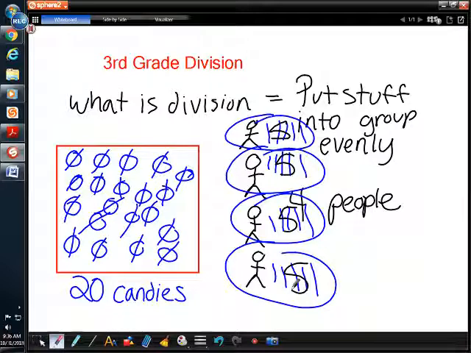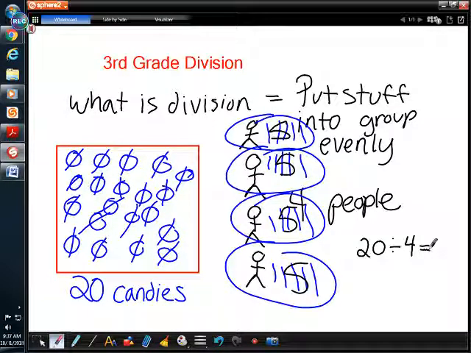Now in division, when we get our answer, we don't say the answer is 5, 5, 5, 5. Okay, it's only what one of those groups is going to be. So my original problem was 20 candies divided by 4 people. And the answer is going to be what one of those groups actually was. So it's basically like saying, Mom says you've got 20 candies.